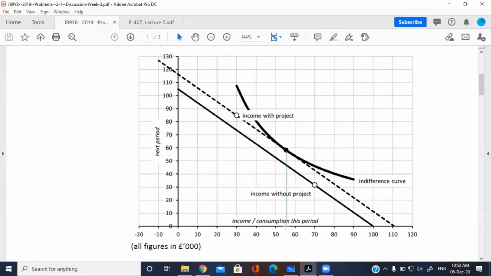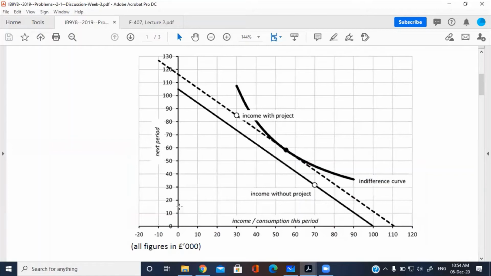It means you need to borrow the balance which you don't have to meet this consumption. 30,000 is the current period income you have after taking the project, but you want to consume 55,000. So you are 25,000 short, and you need to borrow this amount.